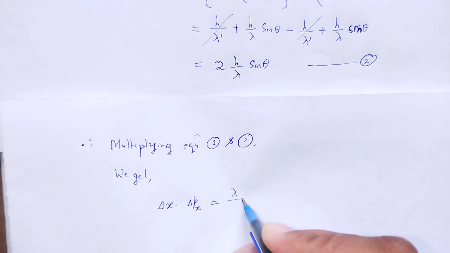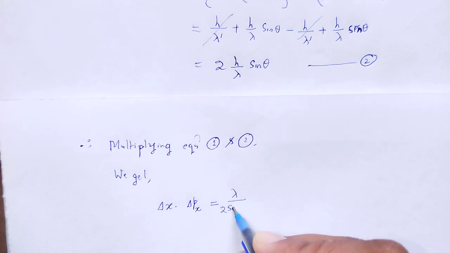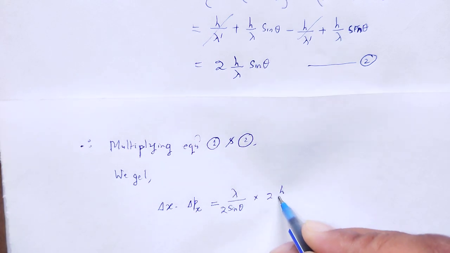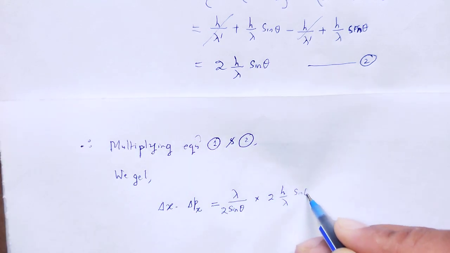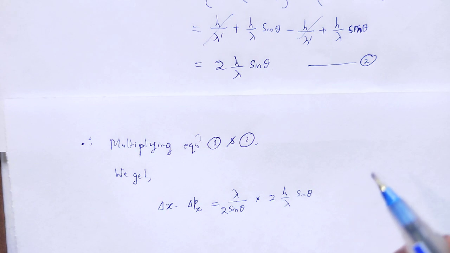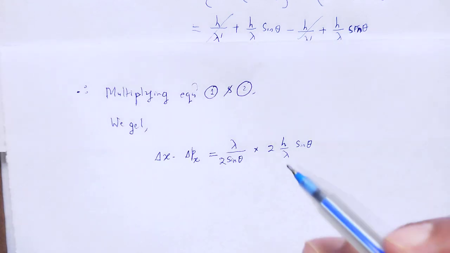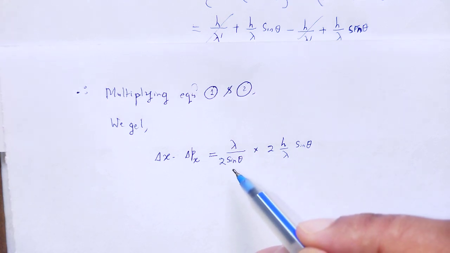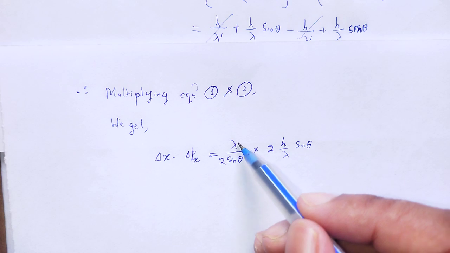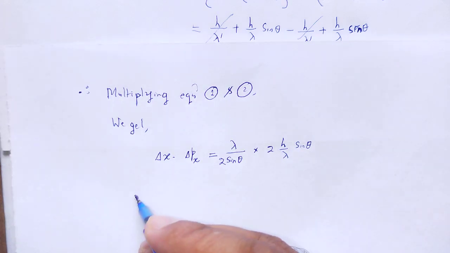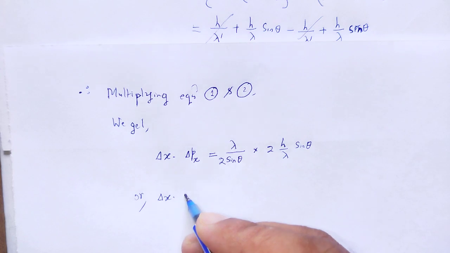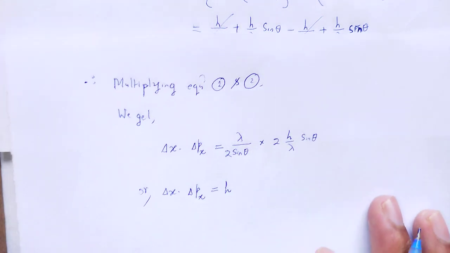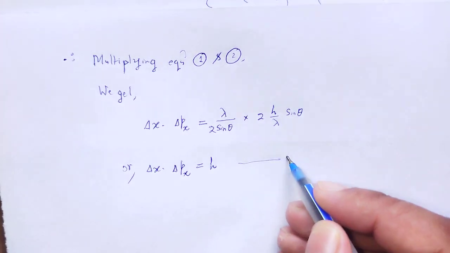Uncertainty in position, lambda divided by 2 sin theta, into uncertainty in momentum, 2h by lambda sin theta. h cancelled out, sin theta cancelled out, 2 cancelled out, lambda cancelled out, only h is there. So del x del px is equal to h, that is equation number 3.